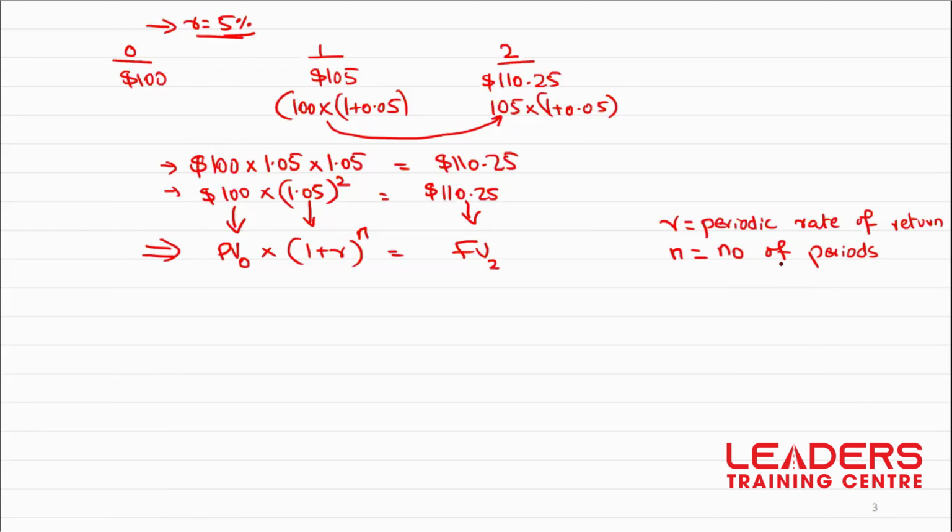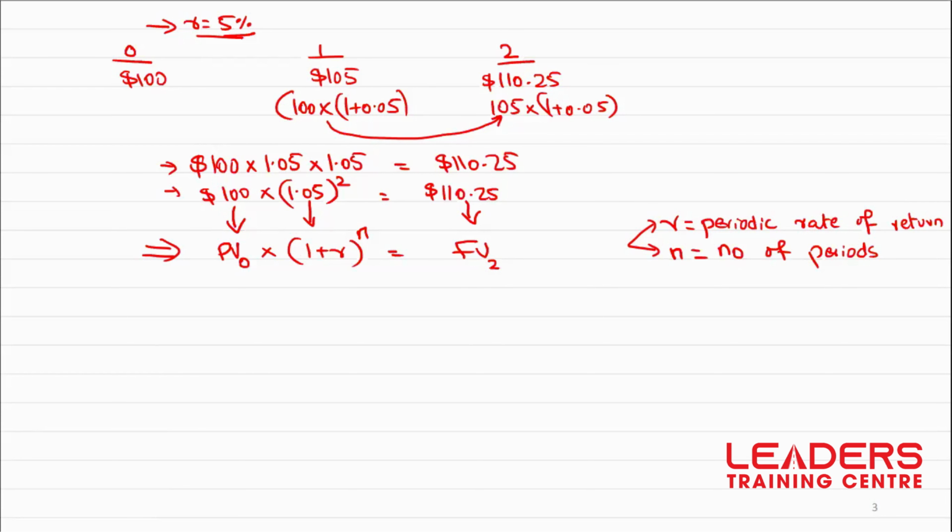If it's monthly, it becomes the number of months. If it's daily compounding, it becomes the number of days, and so on. Make sure you know that these two things are both periodic in the question. They are not necessarily annual. I'll come back to this formula later on, and we'll be looking at it several times throughout the whole reading.